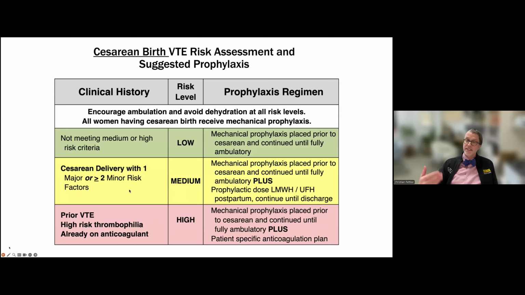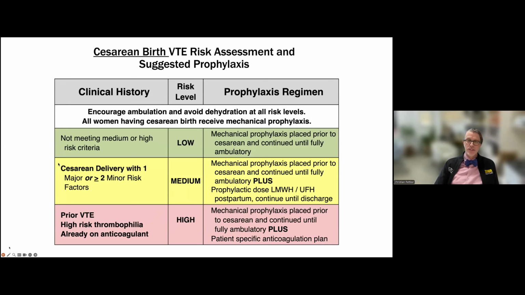And this is really easy to build into the electronic health record or even the postpartum order set. You can check off whether or not people have the major or minor risk factors, and that can steer you into ordering the right thing when you are writing the orders for their postpartum period.